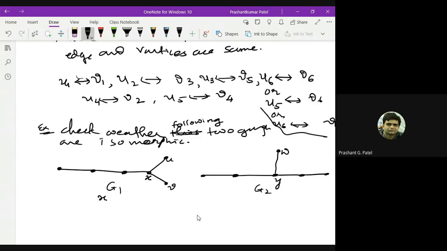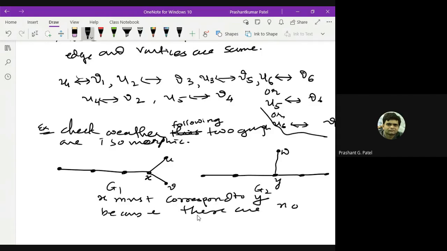So this is the graph G1 and this is the graph G2. If you want G1 and G2 to be isomorphic, this X must have a 1-1 correspondence with Y because they have the same degree. So I can write X must correspond to Y because there are no other vertices with degree 3.